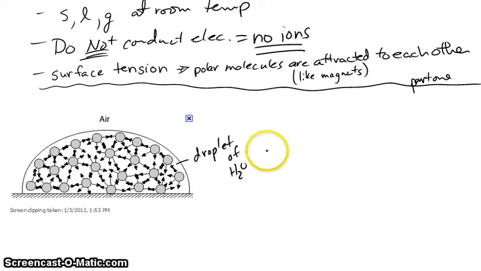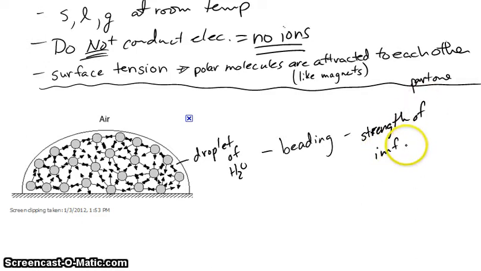And the size of the droplet, or how the droplet bubbles up, I don't know quite how to say that. How much the droplet bubbles up or beads up, the size of the beading, will indicate information about the strength of the intermolecular forces.